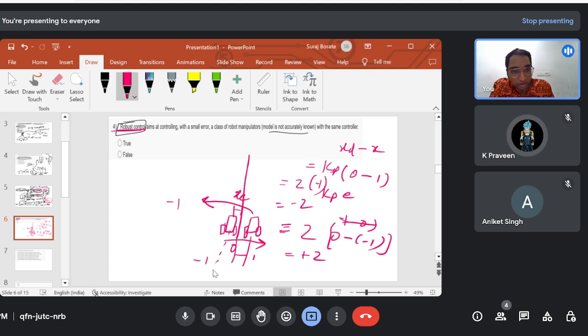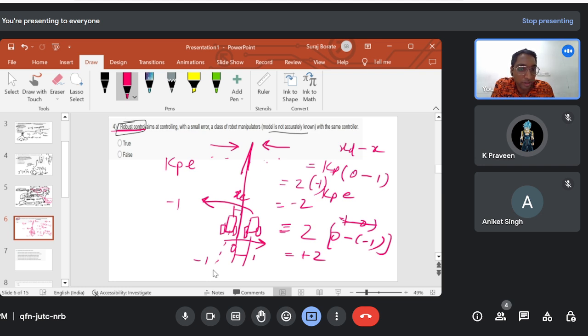So if you are on the opposite side of the desired input, you are getting an opposite direction control input. So if you are more than the desired output, you will be pulled towards the desired output. If you are less than, still you will be pulled towards the desired output. That is nothing but proportional control.